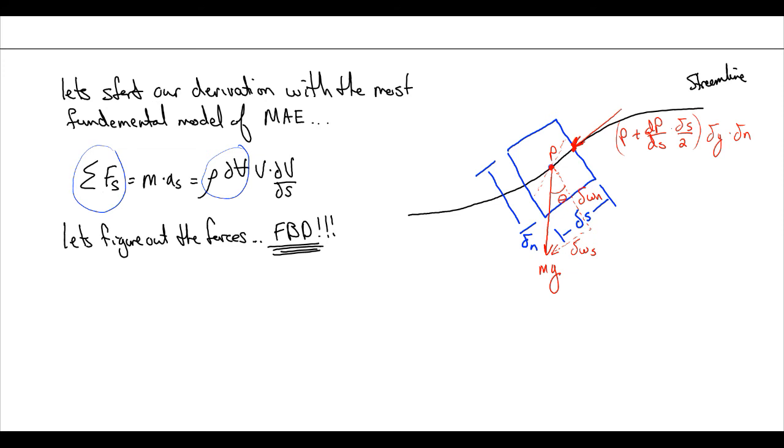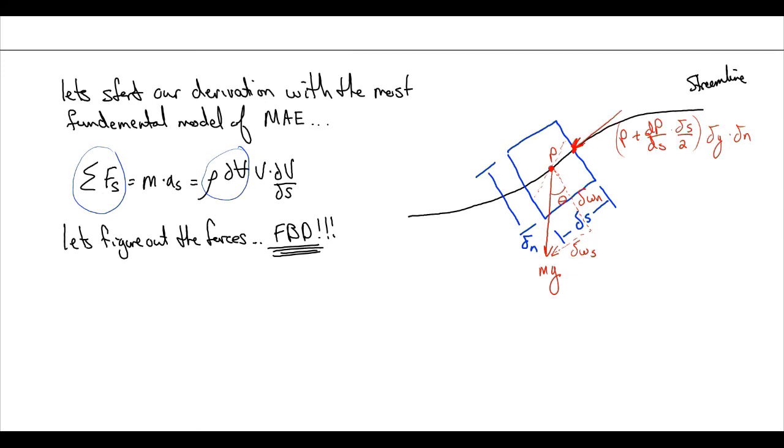You've written all these things down. Now I'm going to write them down. So on the top, we have pressure plus dP/dn delta n over 2 times delta y delta s. And then on this side, we are going backwards, right? So we're going to have pressure again, always start with pressure, plus the slope, dP/ds, and not plus this time, it's minus because we're going in the backwards direction.